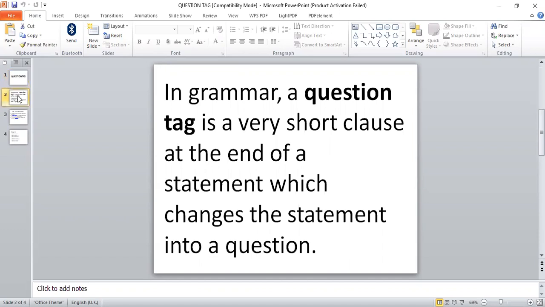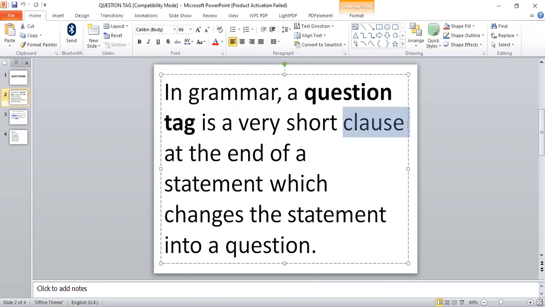In grammar, we said a question tag is a very short clause. I want us to underline the word clause. Not a phrase, not a word. It is a clause. And a clause is any composition that has a finite verb in it.